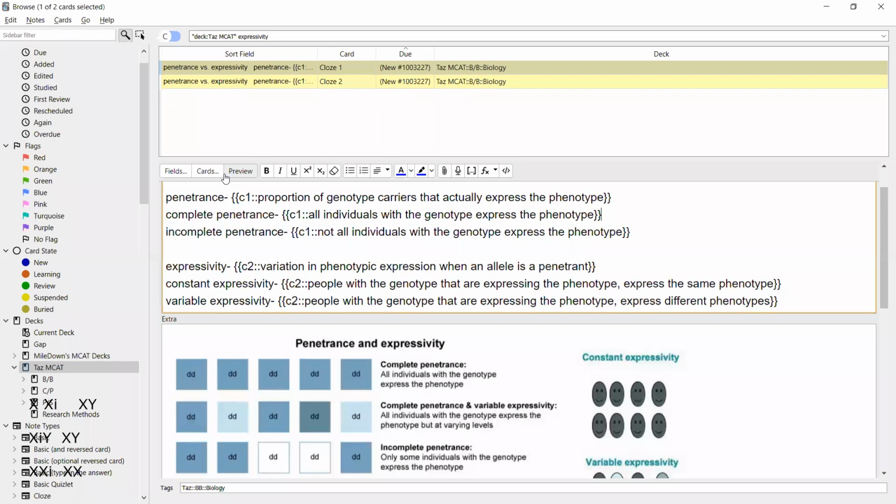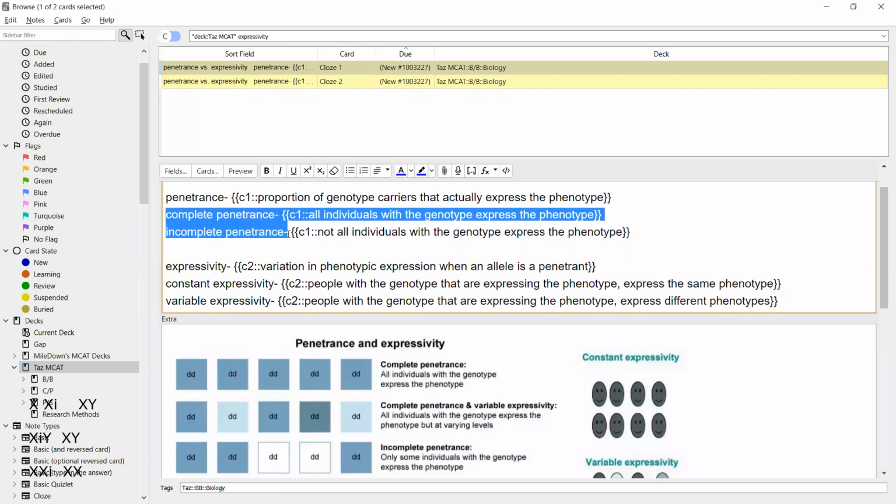And of course, you have two different extremes. If you have complete penetrance, it is that simple. If you have the genotype, you show the phenotype. If it's incomplete, well, it's not that simple. You might have the genotype, but not everybody with the genotype actually shows that phenotype.